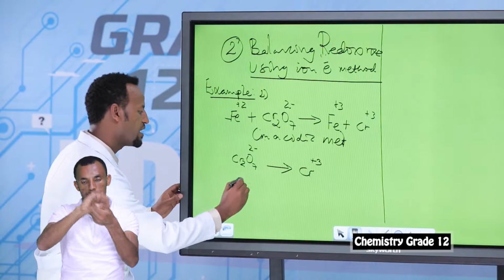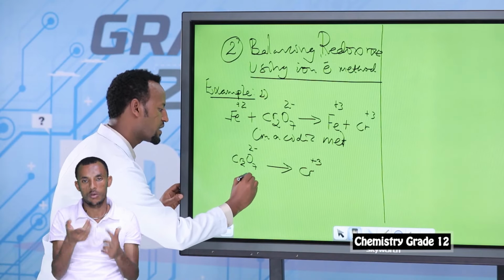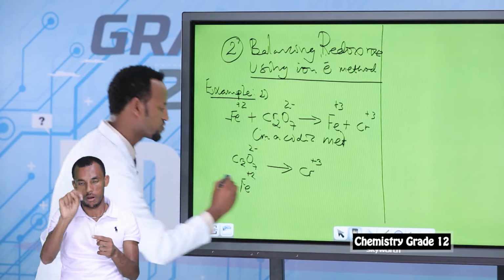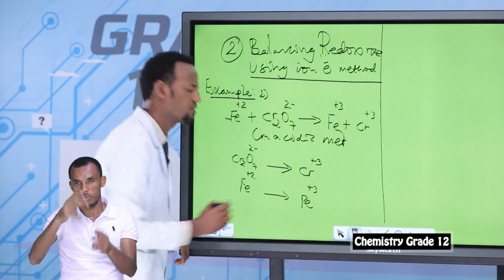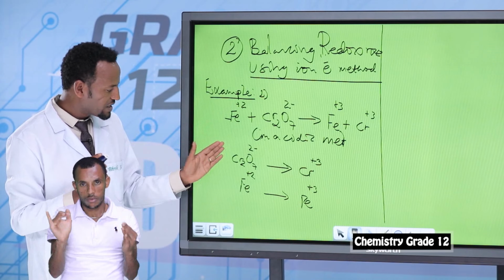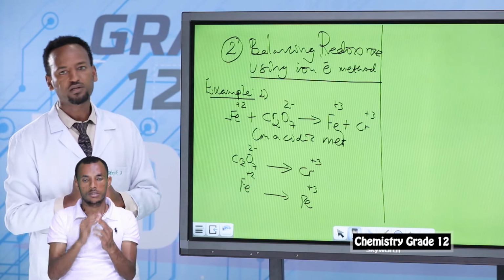The second one is Fe2+ converted into Fe3+. By the way, one is reduction, the other one is oxidation.